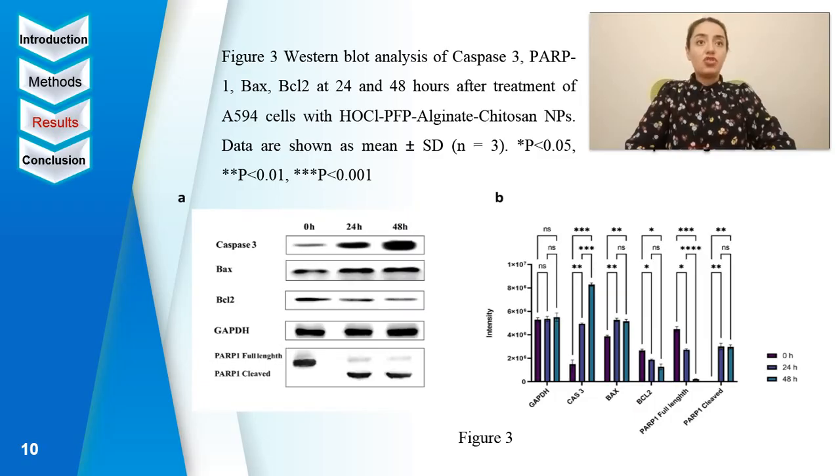Data are shown as mean plus minus SD, n equals 3, P less than 0.05, P less than 0.01, P less than 0.001.